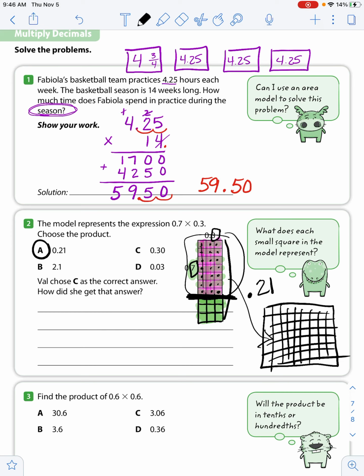So here's the rest, okay? So I think she got that answer because, or he, Val thought the entire 3/10 was shaded.